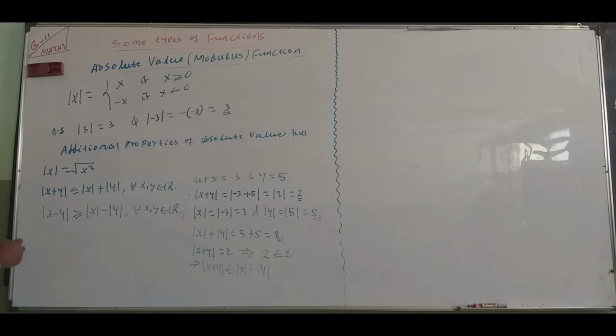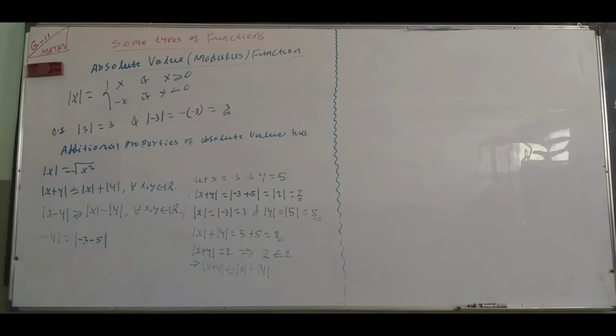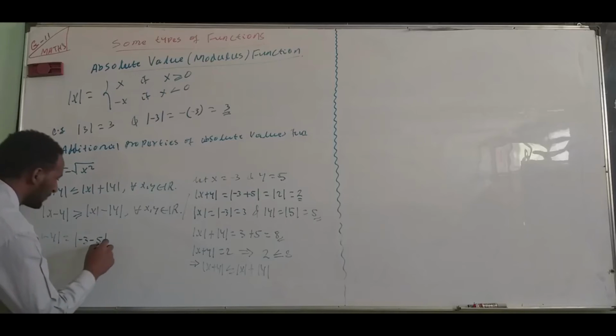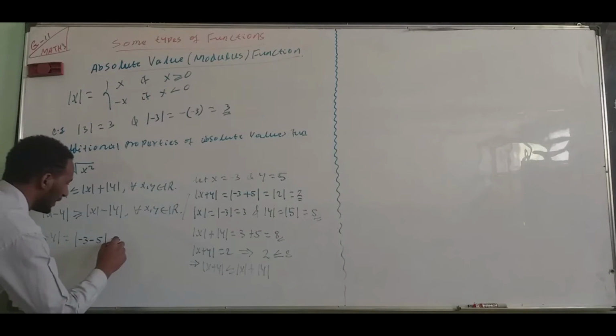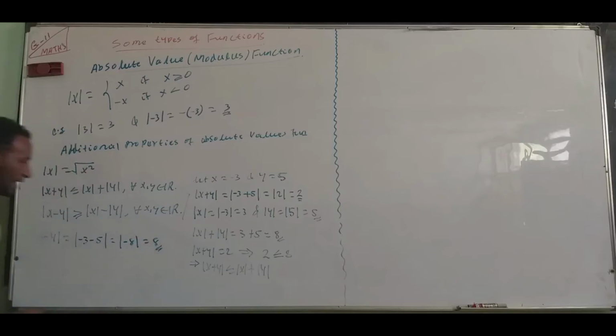Then let us take absolute value of x minus y. Substituting the given values, we get absolute value of negative 3 minus 5, which is absolute value of negative 8, which equals 8.